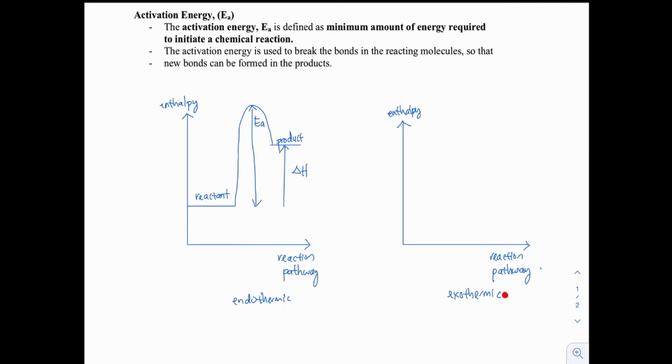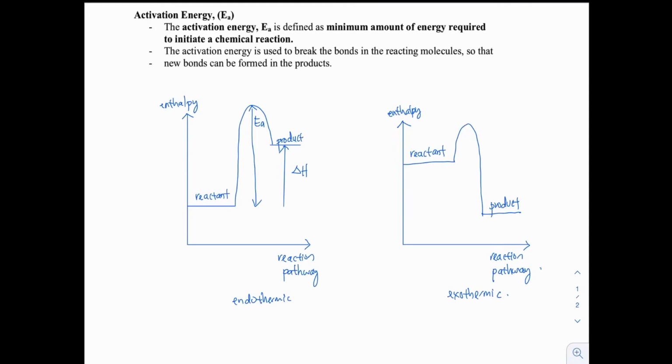Whereas for an exothermic graph, the reactant always has a high energy compared to the product. So this is the reactant and the product will have low energy. So right, the activation energy is always from the lowest point of the reactant, which is here, to the highest point of the curve.